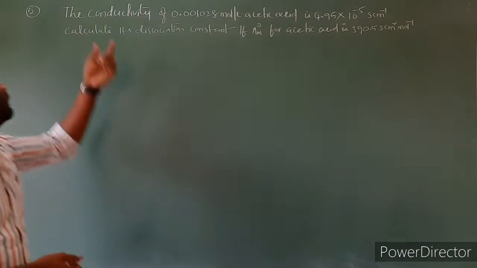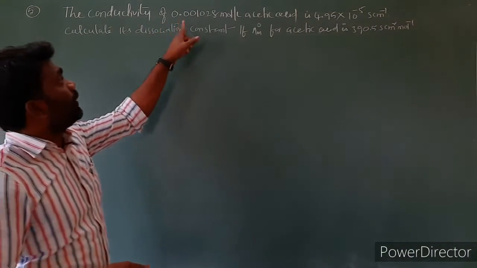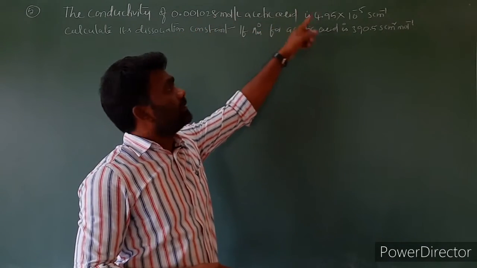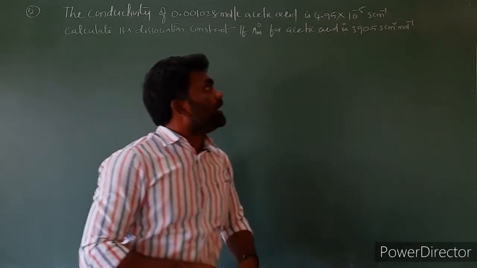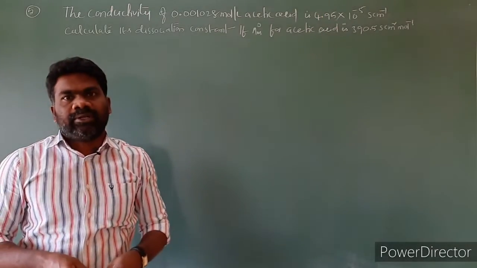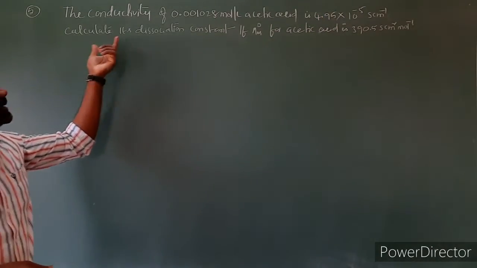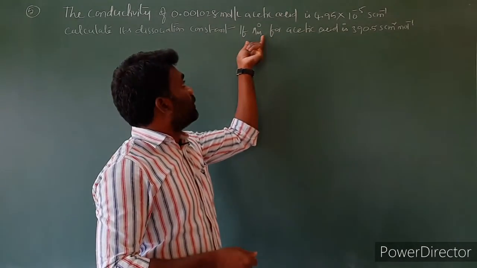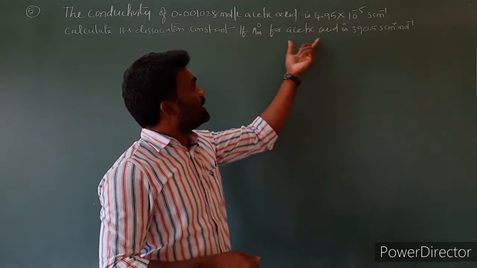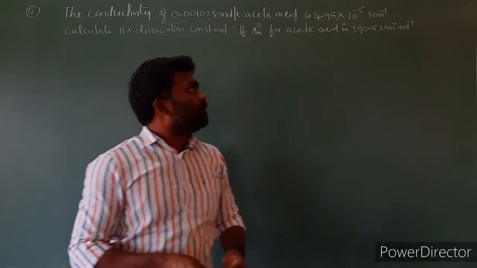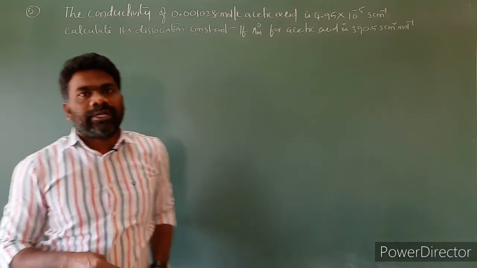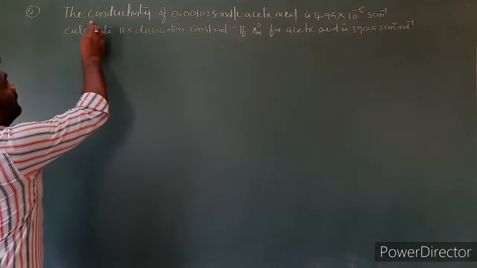Next problem. The conductivity of 0.001028 mole per liter acetic acid is 4.95 into 10 power minus 5 Siemens centimeter inverse. Calculate its dissociation constant if lambda m naught, limiting molar conductivity of acetic acid, is 390.5 Siemens centimeter square mole inverse. First we have to write what data is given.